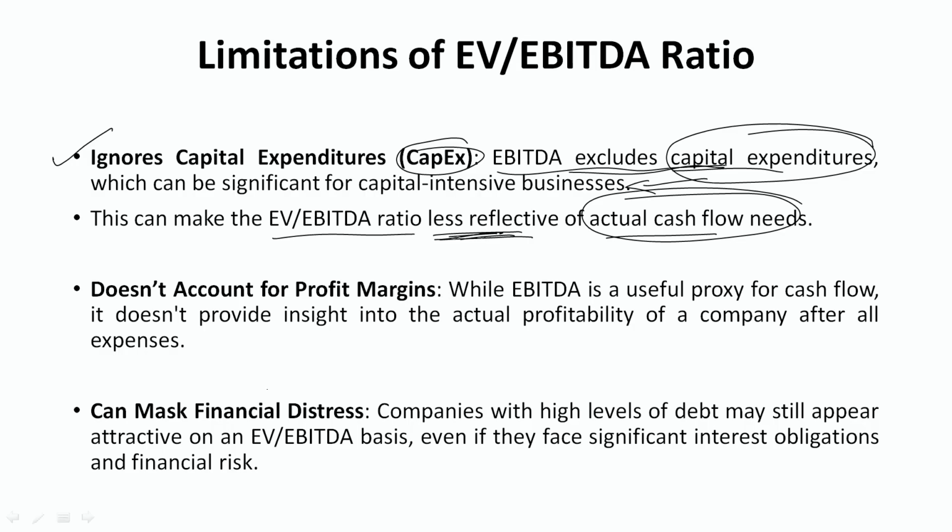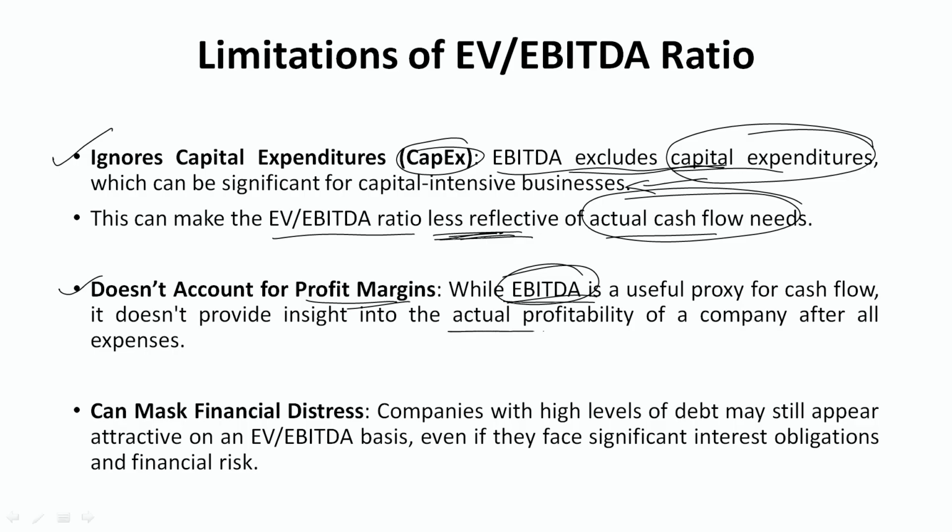So this ratio becomes less reflective of the actual cash flow happening in the market. The next limitation is that it doesn't account for the profit margins. Why? Because we have not considered the profit margin alone. We have considered the whole of the earnings without considering depreciation, amortization or the interest which we have to pay for the debts which we have taken.